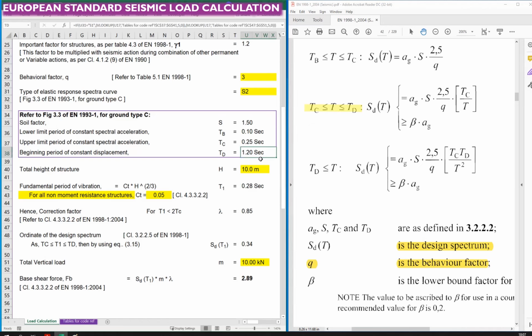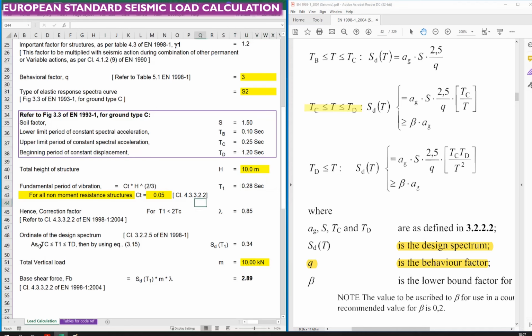Here our Td is 1.2 second and our T1 is 0.28 second. So this third case is applicable for calculating the ordinate factor. The fourth formula, where Td is less than or equal to T, is also not applicable in our case.